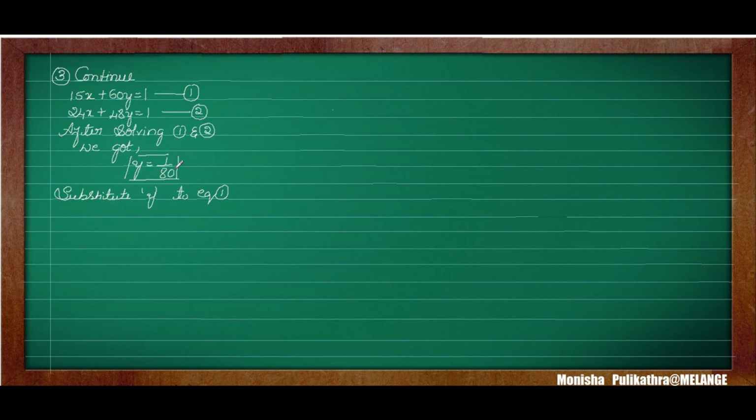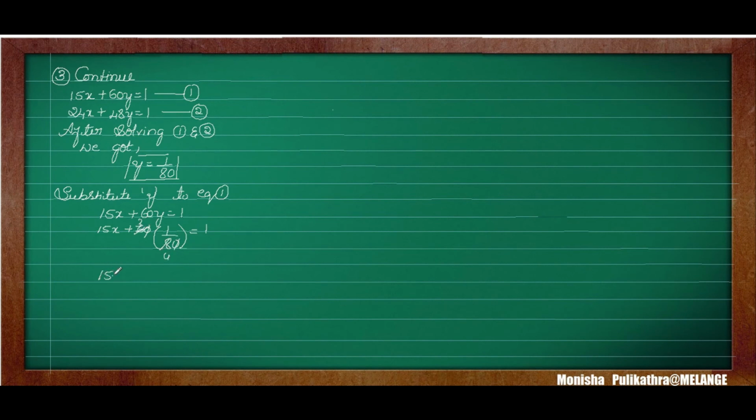Which we have to substitute in either equation 1 or equation 2. So I will be taking equation 1 here. 15x plus 60y is equal to 1. So 15x plus 60 into 1 by 80. In the place of y, we need to write 1 by 80. Here the zeros cancel, and 2 3s are 6 and 2 4s are 8.